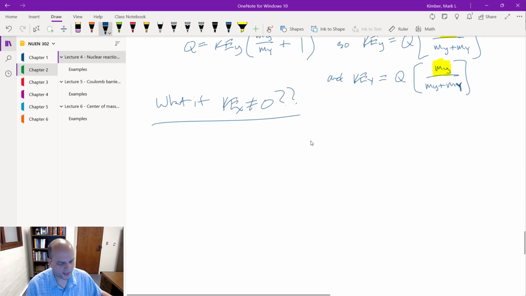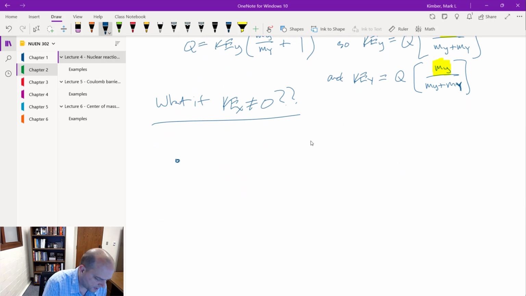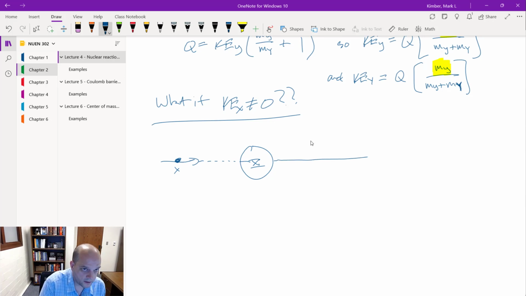So what am I going to do if that kinetic energy is not 0? So I've got my small particle targeting the large nucleus, and I could have something here that's my large reactant, and then I have a large product and a small product, y.